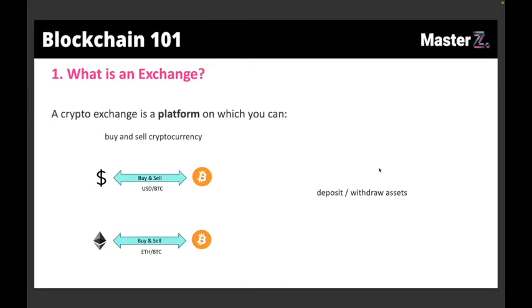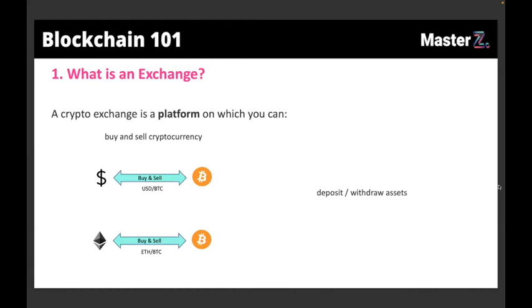We can also deposit and withdraw assets. So for example, if it's a centralized exchange, we can deposit our money and buy cryptocurrencies with it. Or if we bought some cryptocurrencies, we can withdraw them to our addresses. And so we can deposit and withdraw assets from it.